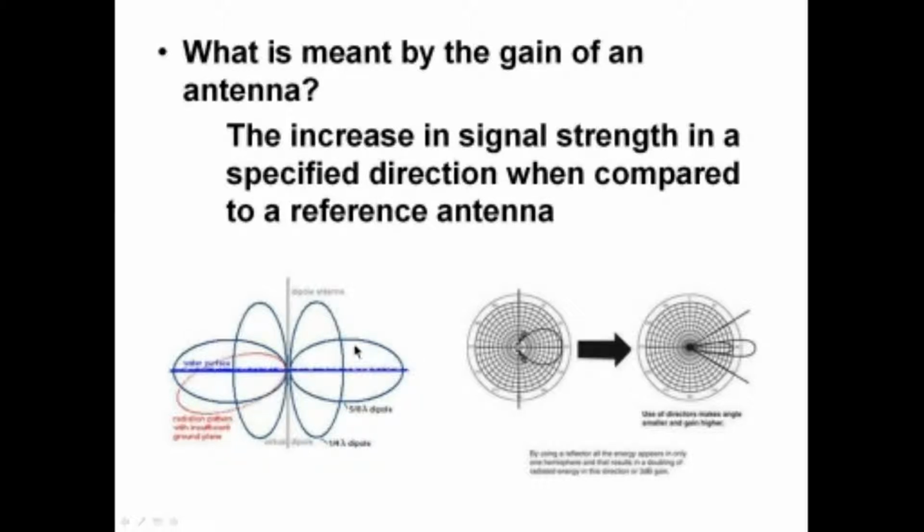Another way to do it, like on a mobile antenna, instead of having a lot of signal going up here where there aren't any stations that we want to talk to, we can design an antenna that will pull that down toward the horizon so we get gain here, down where we can use it, instead of up here where we can't use it. So the gain of an antenna is created by increasing the signal strength in a specified direction when compared to a reference antenna. And the reference antenna would be one that radiates in all directions.